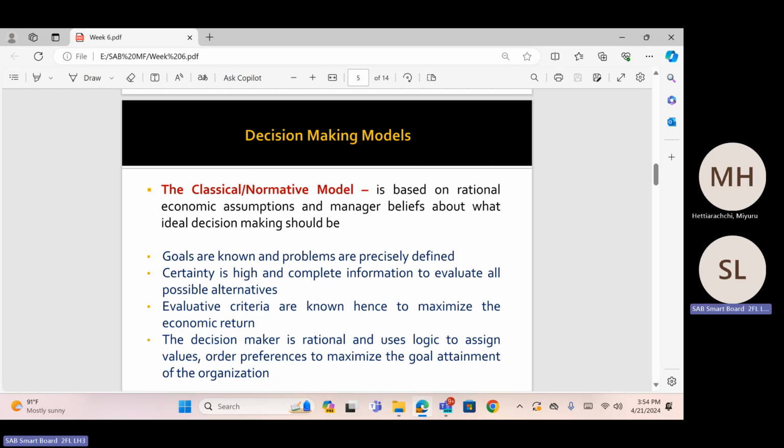Therefore, with these factors, the decision maker tries to have rational or logical behavior to maximize the results. It is not 100%, but mostly can be seen in operational level decisions, in program decisions, compared to the other two types of decision.